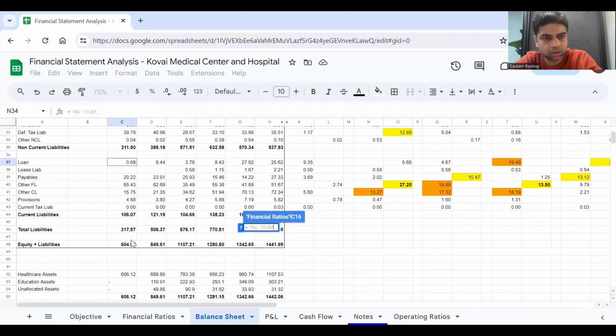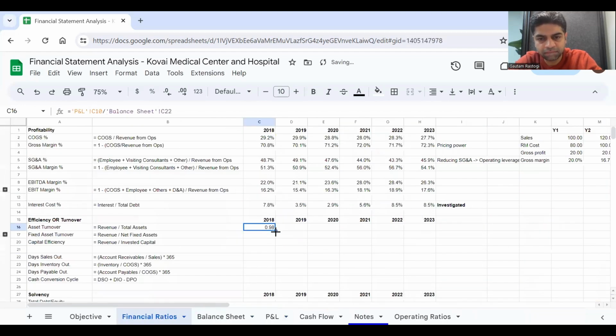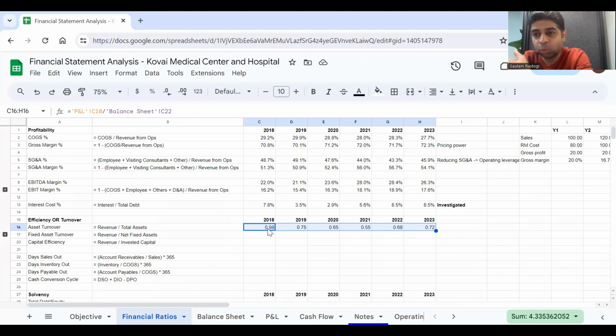So the total assets are this. If you see, this is a very capital intensive industry. The asset turnover is almost one. It was almost 1 in 2018, and now it has fallen, and it's 0.7.